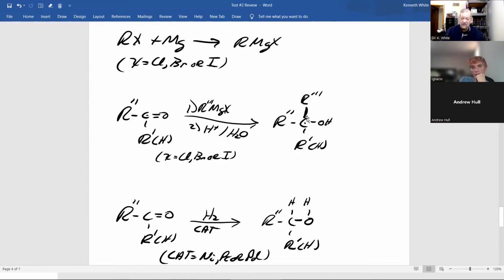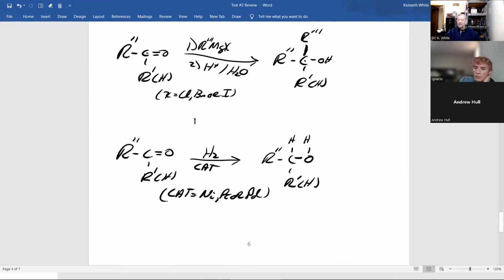You'll have a hydroxyl group. Then the important thing about the Grignard reaction, between R triple prime and the carbonyl carbon, you'll form that very special, very rare carbon-carbon single bond. The Grignard reaction right here, I will never put a synthesis problem on. I will ask you to give the product or products of the following reaction.